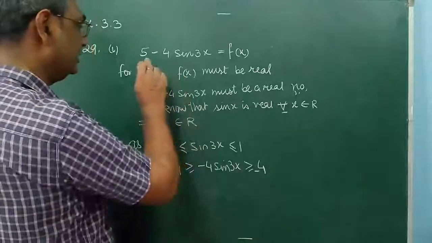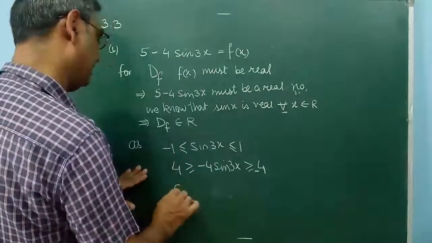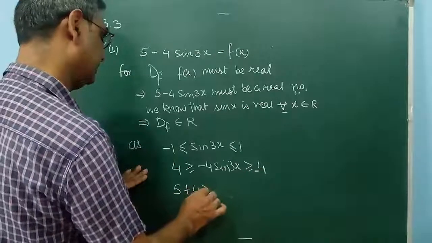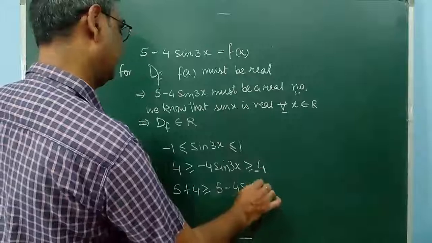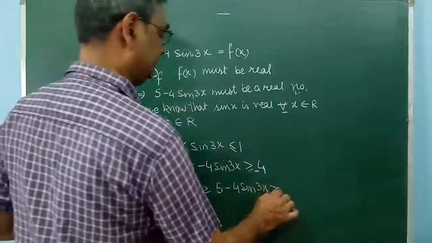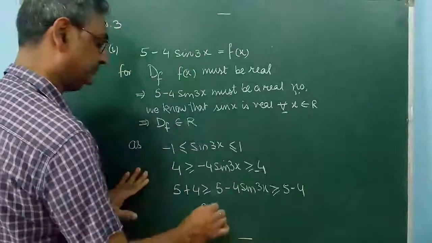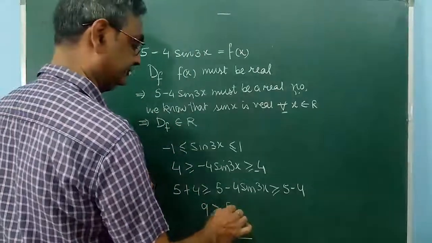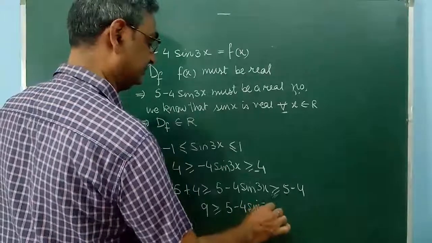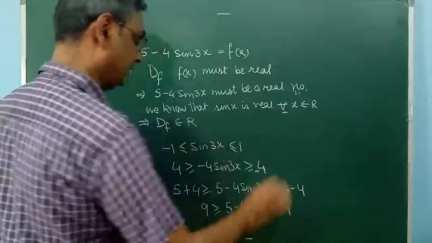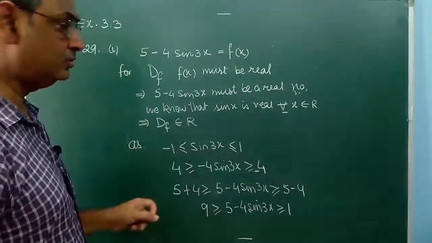Now it is 5, so write here 5 and it will become 5 plus 4. So what is the range? Range is from 1 to 9.